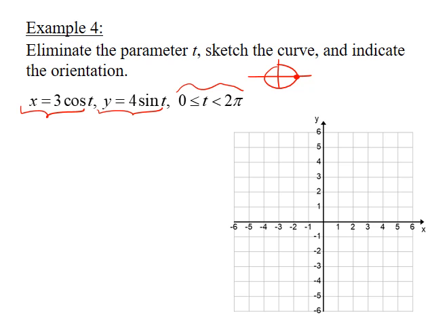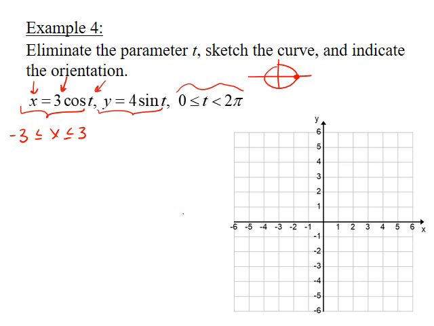Well, if I plug values in for t between 0 and 2 pi, I know that everything is going to be sandwiched between 3 and negative 3. In fact, if I graph this cosine equation, I know that the amplitude is 3. So the maximum value and the minimum value will be 3 and negative 3.